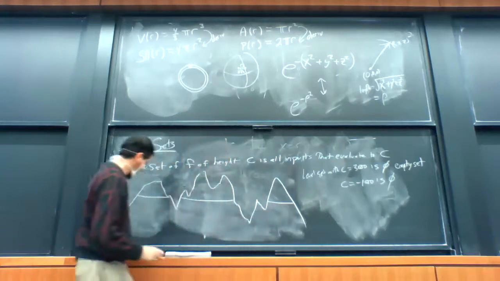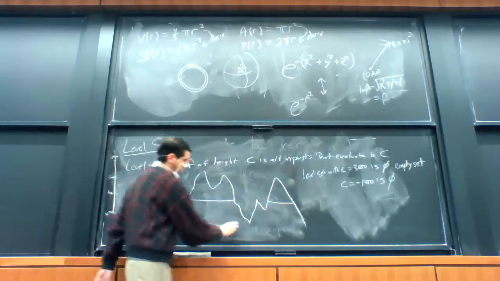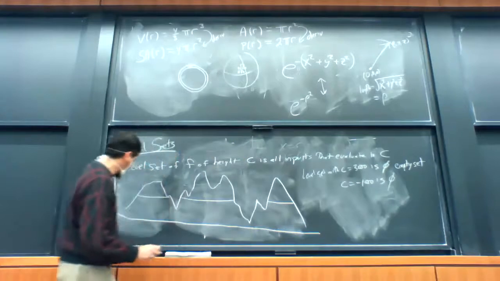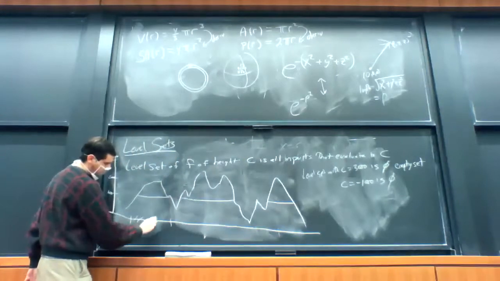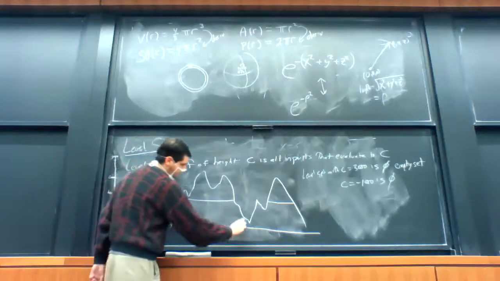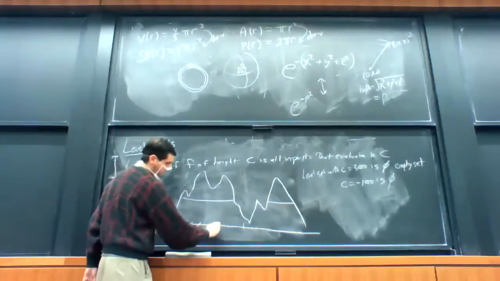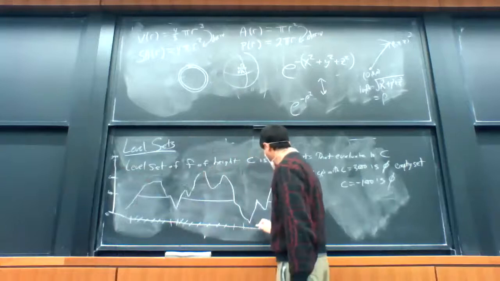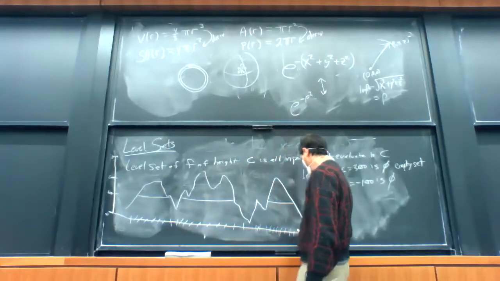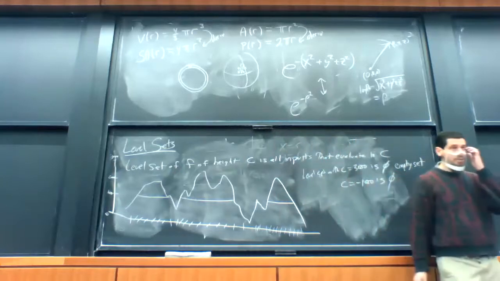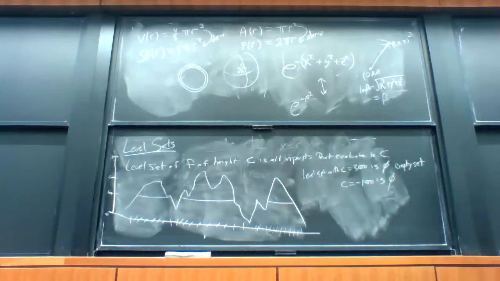If I look down on the x-axis, it would be this region in here, this small region over here, and that region over there. So all points are the same height.